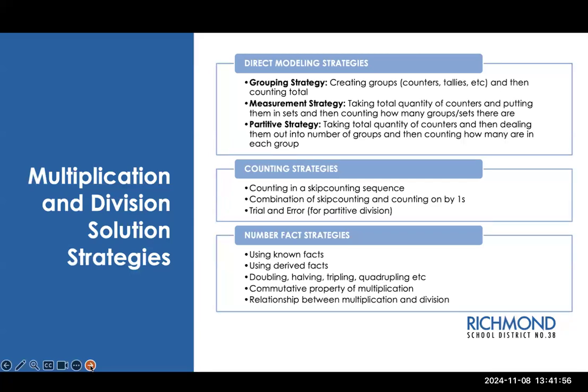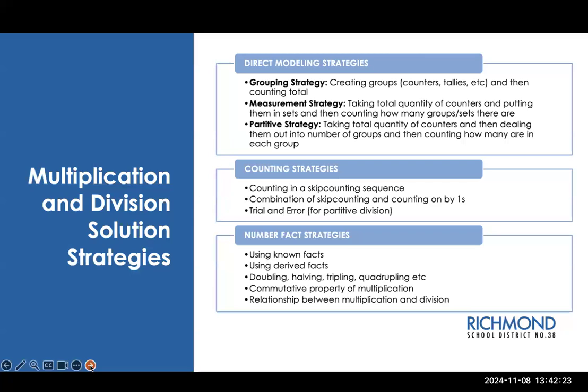And then number fact strategies, using known facts. Lots of students learn their 5 and 10 facts for multiplication, and then maybe their 2s, and they can use those to figure out other facts, which is using derived facts. The process of doubling and halving and tripling and quadrupling, and understanding that relationship between numbers, comes into play in learning and using the facts that you already know.